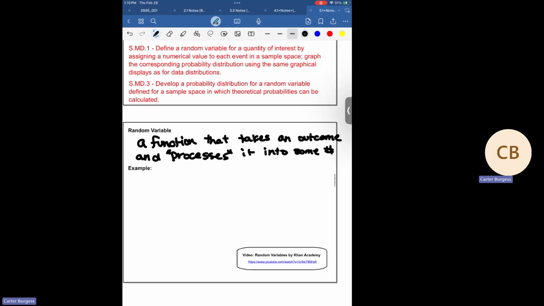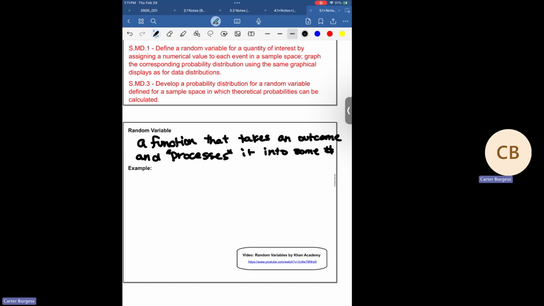Let's say, for instance, that the event that we are doing is flipping 3 coins. And we're looking at all possible outcomes that we could see for flipping 3 coins. What is an example of an outcome that I could get by flipping 3 coins? Heads, heads, heads.